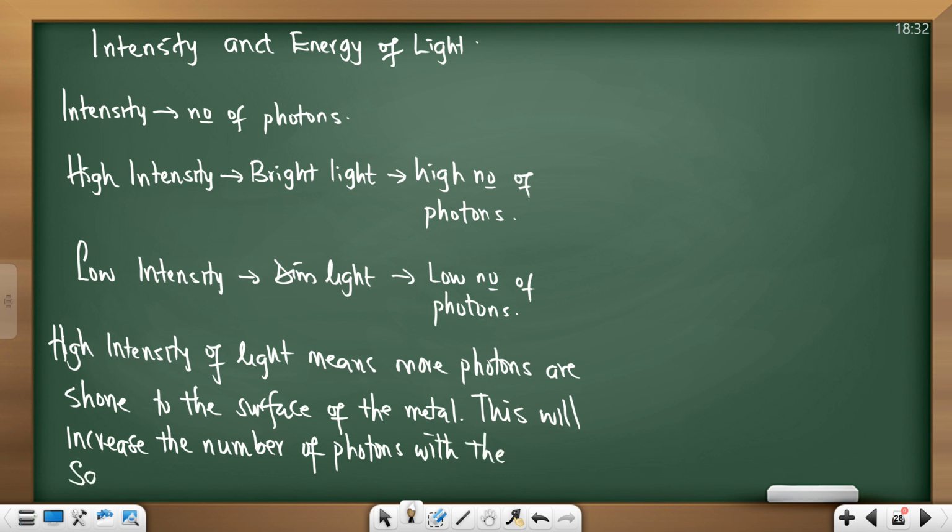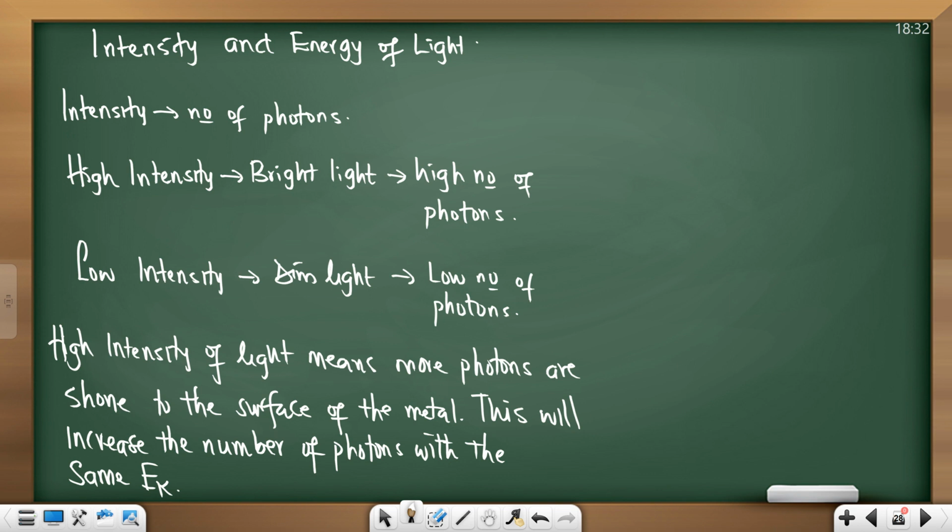I'm going to show you that as we continue and bring you back here with the same kinetic what? Energy. The number of photons will increase the number of electrons, but the kinetic energy of the electrons will remain what? The same.